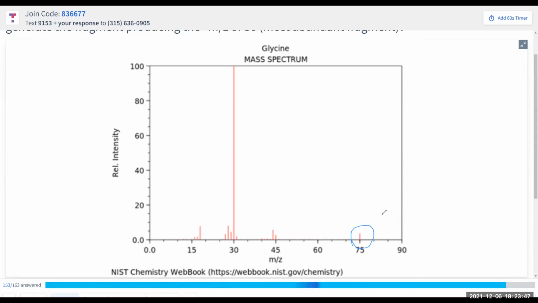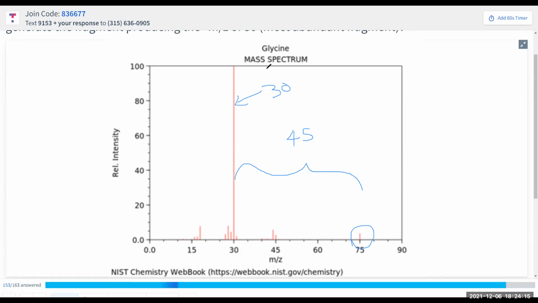When you go from 75 to this peak, which is 30, you lose 45. 75 minus 30 is 45. The only thing that matters to us is that our correct answer should have a fragment mass of 45. Now we're going to start counting.